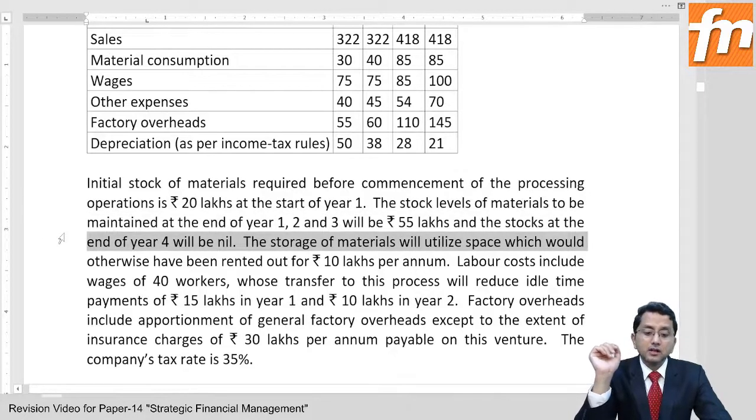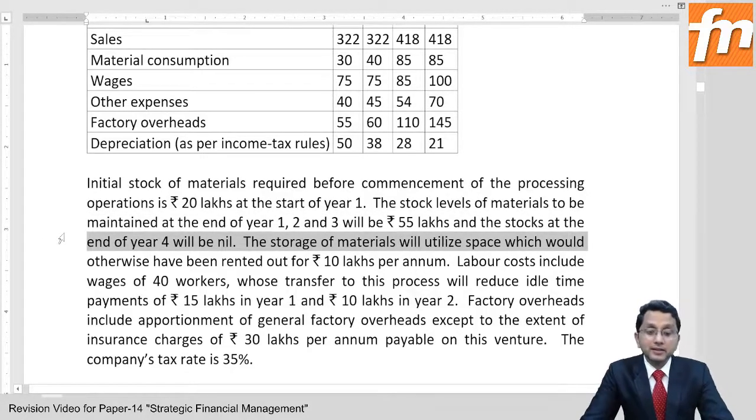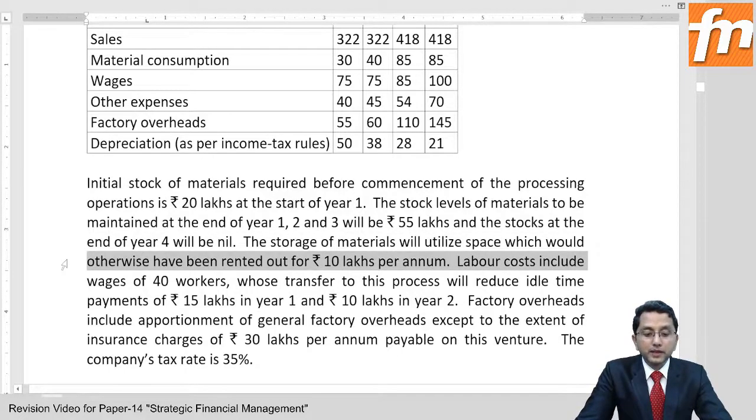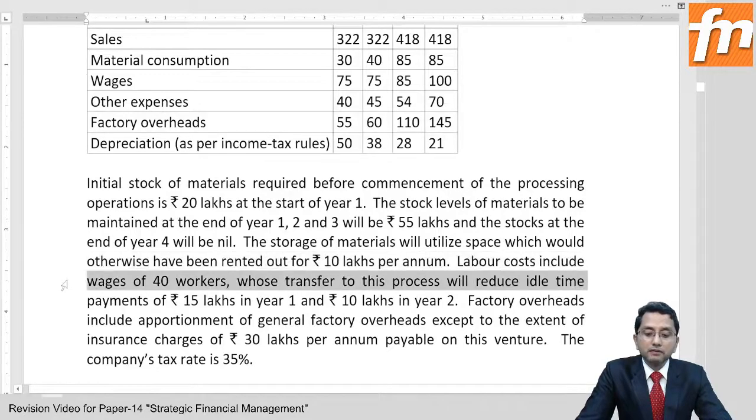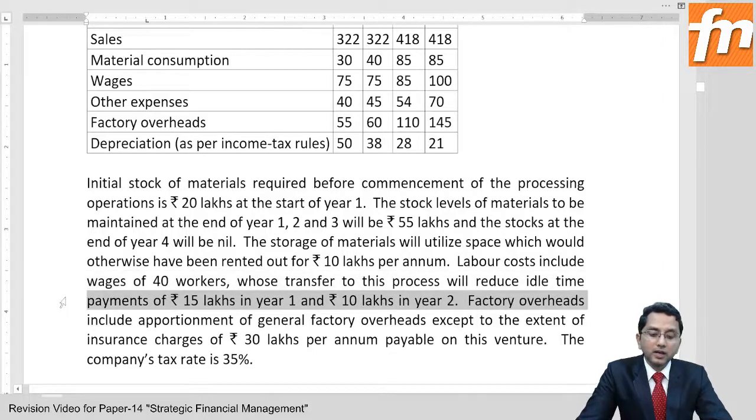Right. The storage of material will utilize space which would otherwise have been rented out for rupees 10 lakh per annum. Oh, opportunity loss. Outflow of cash for all 4 years. Labor costs include wages of 40 workers whose transfer to this process will reduce idle time payment of rupees 15 lakh in year 1 and 10 lakh in year 2.